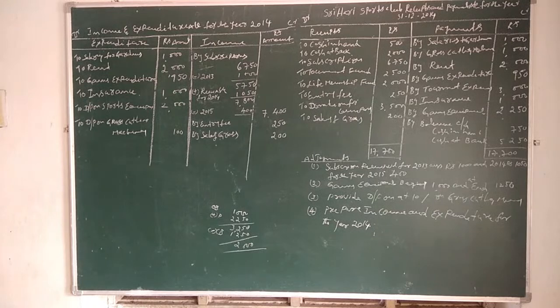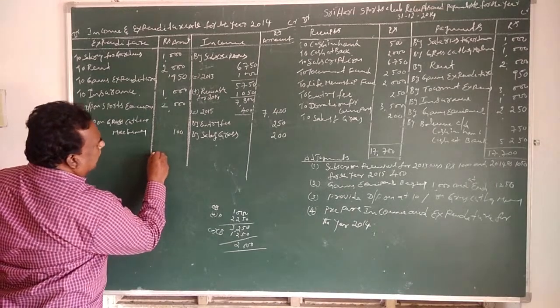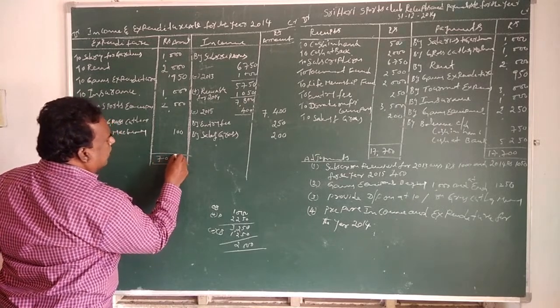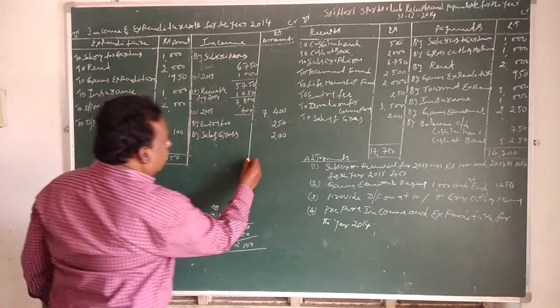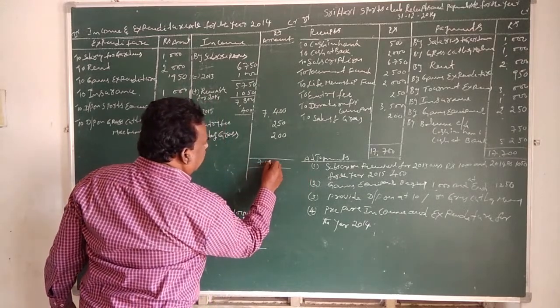These are the various expenditures. Here the debit balance is more than the credit balance, so it will be carried forward to the credit side, 7,050.